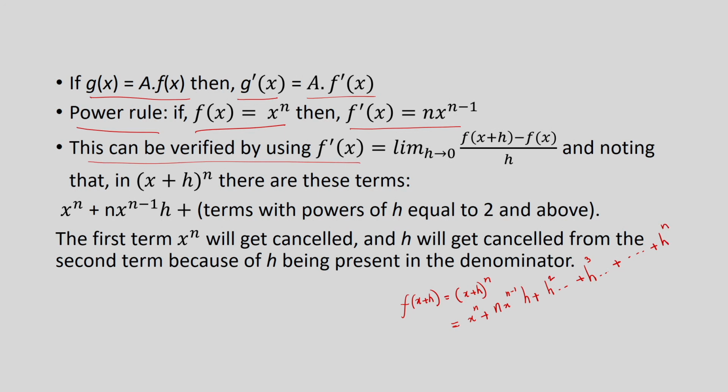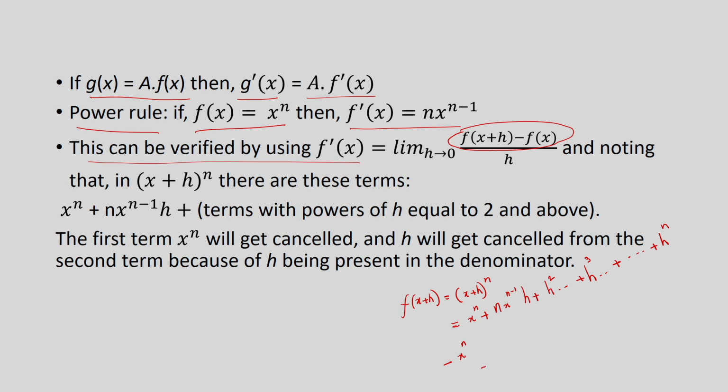Now, from this I am going to deduct x to the power n, right. That will be the numerator, f(x plus h) minus f(x). So, from here I have to deduct f(x), which is x to the power n.